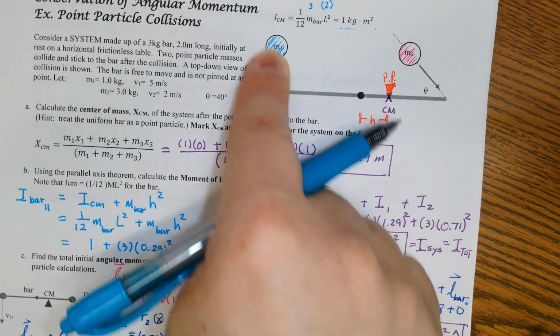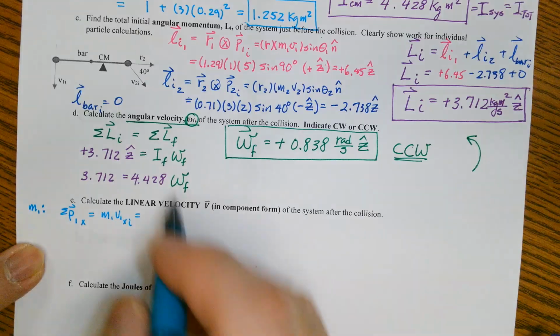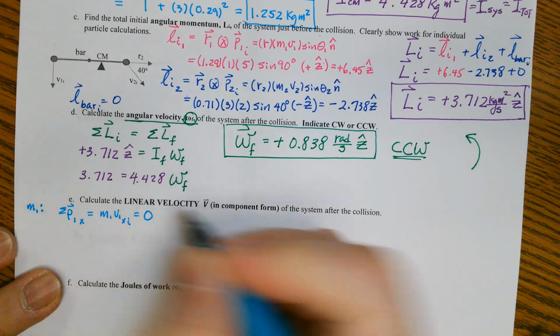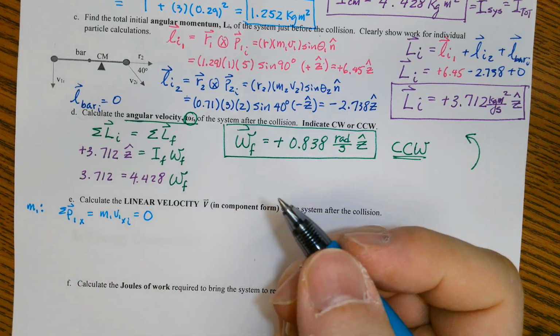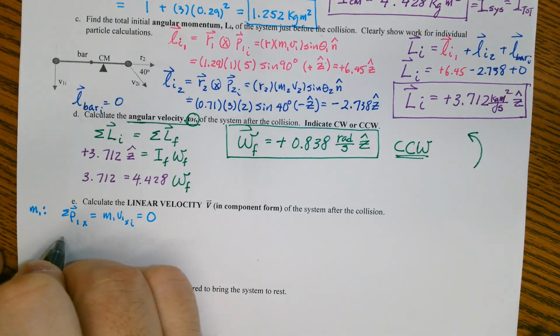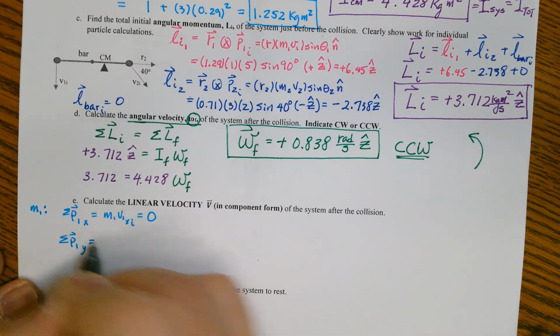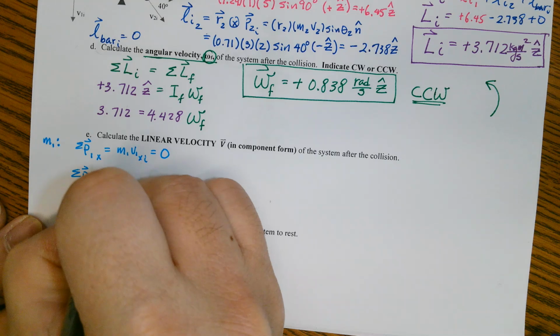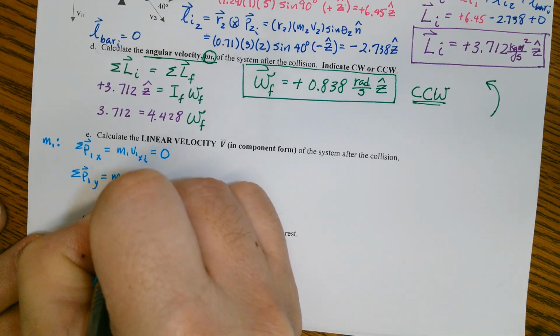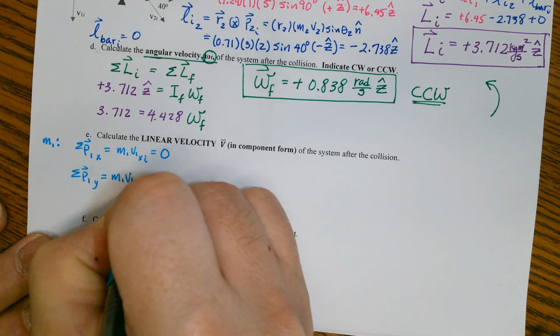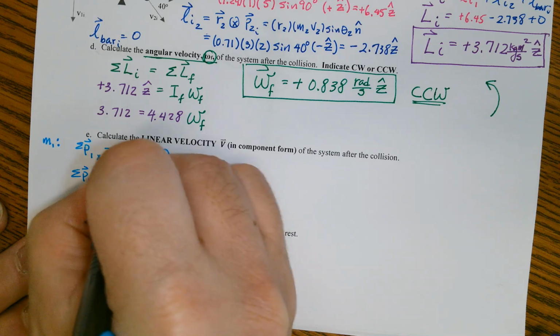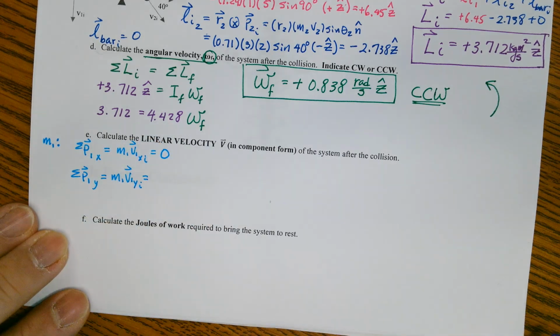Like you said, nothing, 0, because it's only going in the negative y direction. So this is 0. Now the sum of all momentum of mass 1 in the y direction is simply m1 v1y initial.